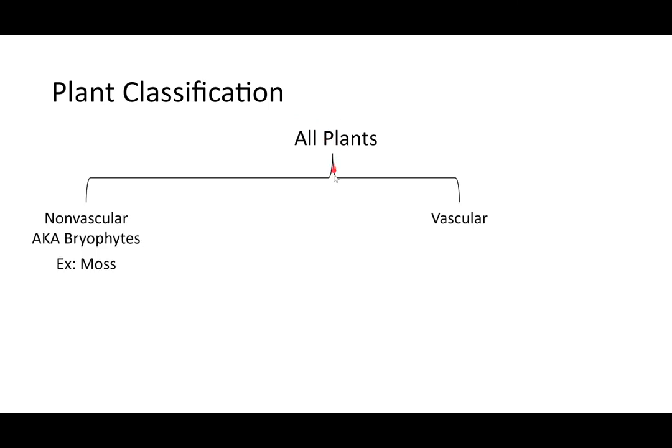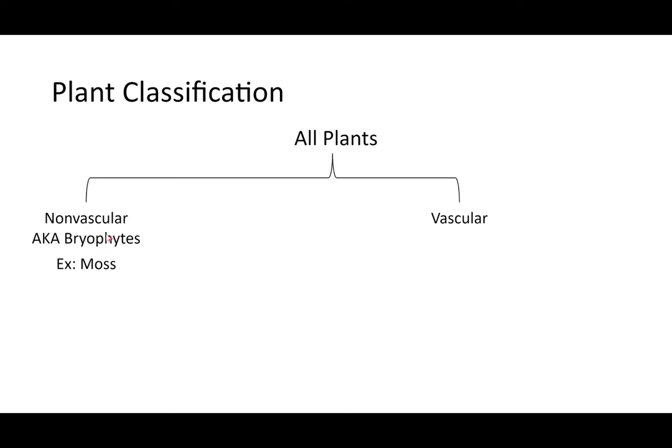So down in the last half of the plant guided notes, packet page 142, we're going to sketch out the plant classification. So starting in the top middle, we're going to start with all plants. And then you'll create almost a pedigree, if you will. So we'll draw a line coming down from plants, moving way off to the left for non-vascular plants.